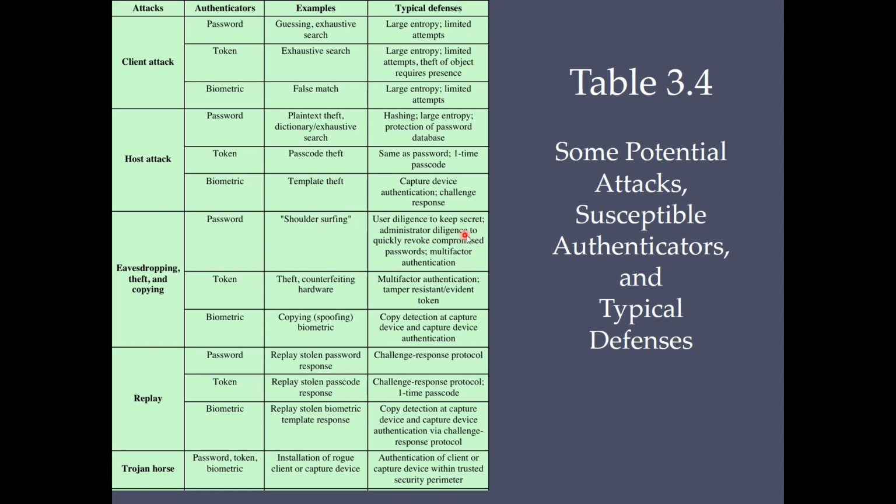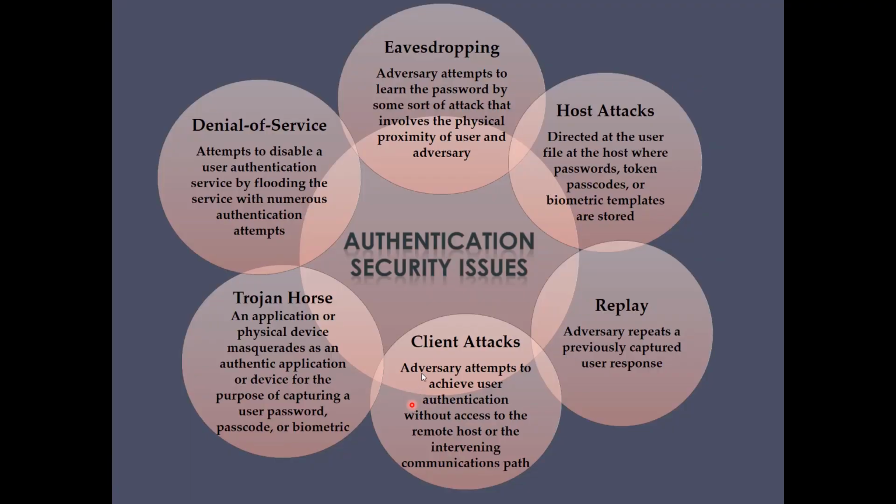So here the defense is try to keep the password secret, try to not allow anyone behind you to see, try to cover the keypad while entering the password or PIN, use multi-factor authentication, etc. These are some of the security issues. Some of them are mentioned there in the previous table.